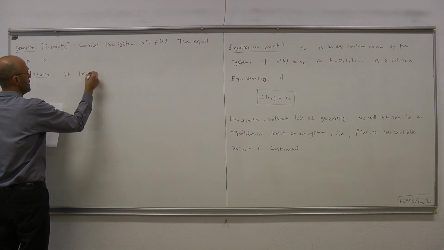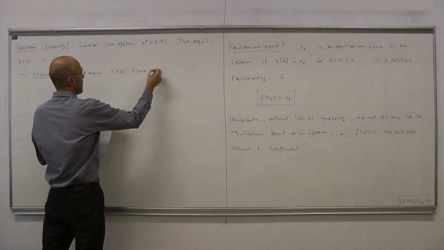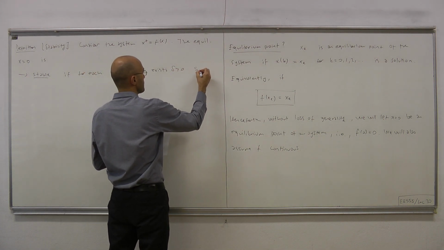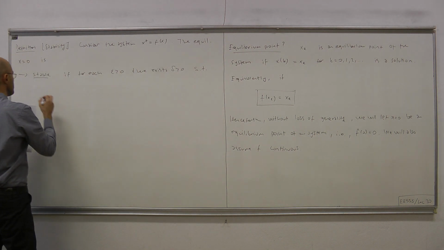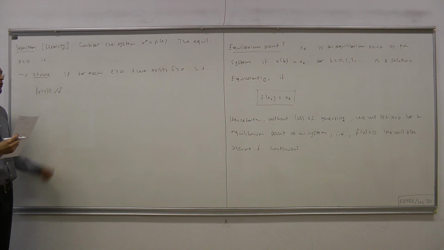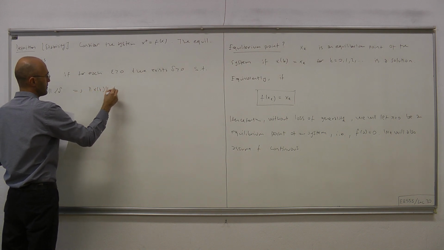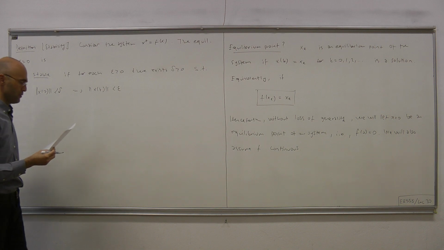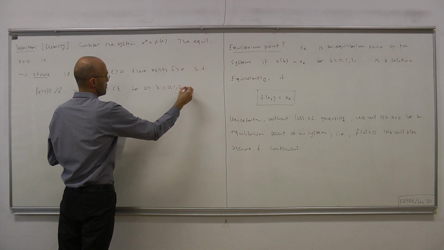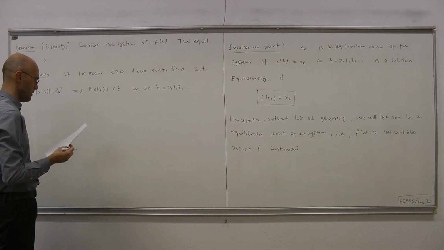That is, if for each epsilon positive, you can find another positive constant, delta, such that if you start in delta neighborhood of the equilibrium point, the origin in this case, you remain in epsilon neighborhood of the equilibrium point for all future times, for all k equals 0, 1, 2, and so on. Okay, so that's exactly the same as continuous time definition.